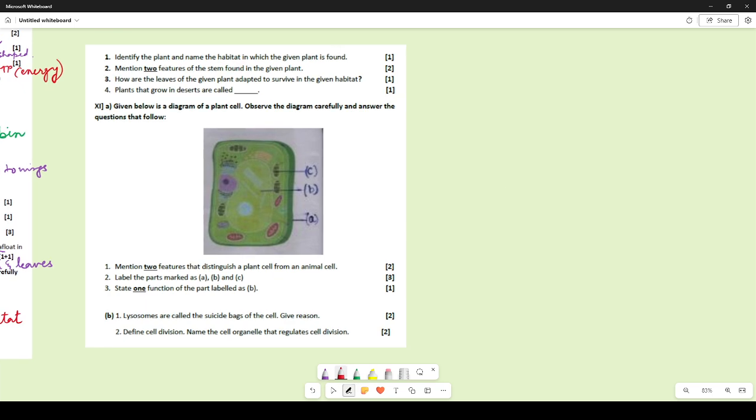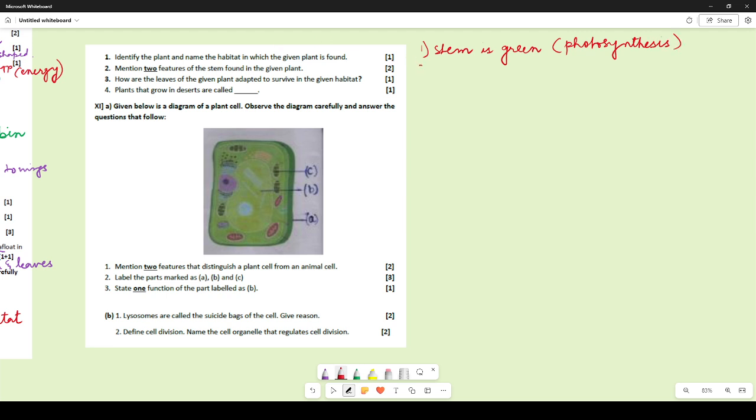So when we are talking about the features of the stem, the first part is that the stem is green. That means it has chloroplasts, because it will perform the function of photosynthesis, right?